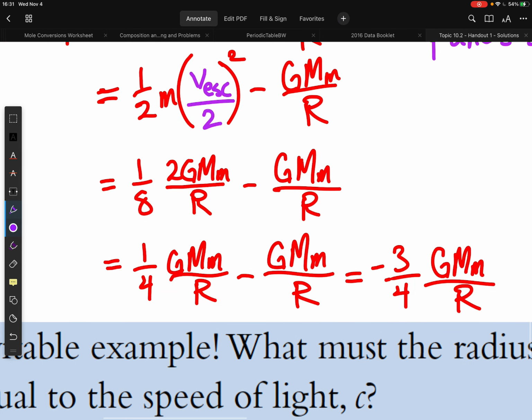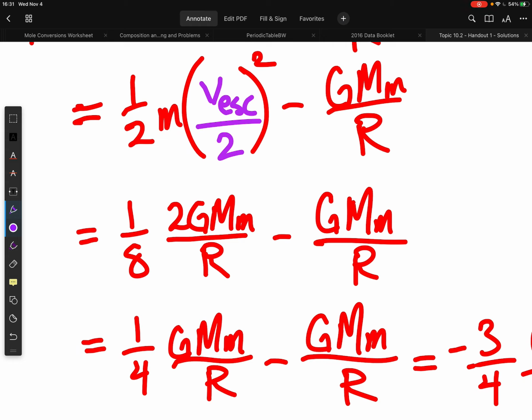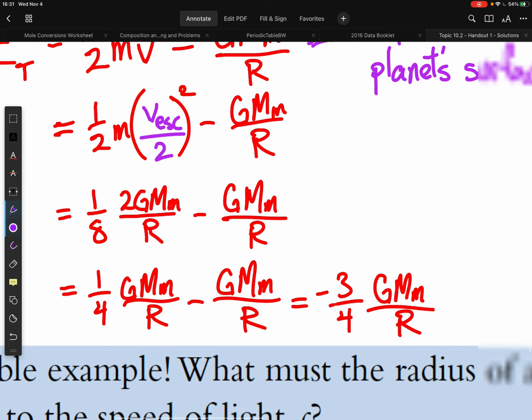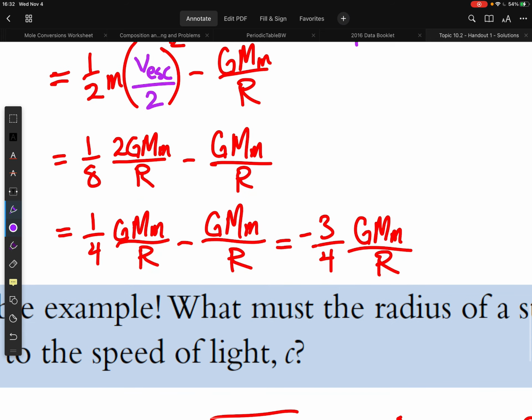Okay, a little bit of algebra that I've skipped will produce the next equation. As you see here, 2 squared is 4, 4 times 2 is 8, that's where we get our 1/8. And as you can see, this is why we have not gotten rid of this, even though its value should be 0, because it's still algebraically useful for us right now.